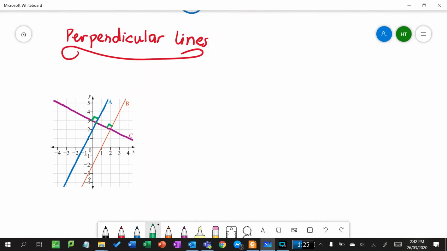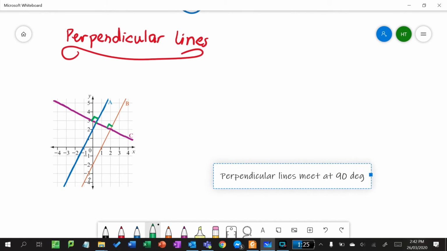Let's write the definition here. Let's get my typing pad out. Perpendicular lines meet at 90 degrees. And then I'll make a statement about the gradient.